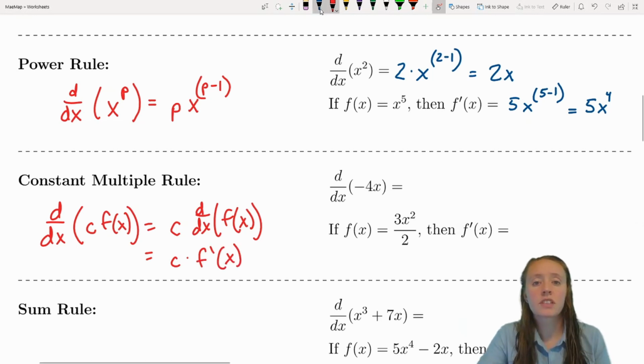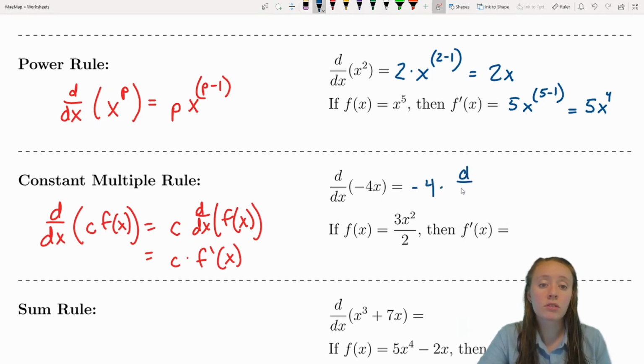So let's look at this first example. If we have -4x, I'll rewrite this as -4 times the derivative of x. Now this is like the power rule. If you can envision x being raised to the first, if I bring that 1 down in front, we have 1 times x to the 1 minus 1, well, that's equal to 1x to the 0.